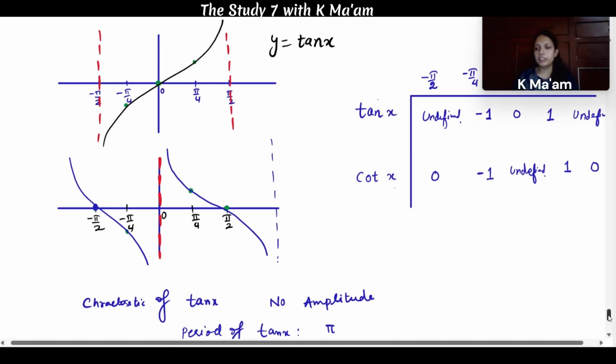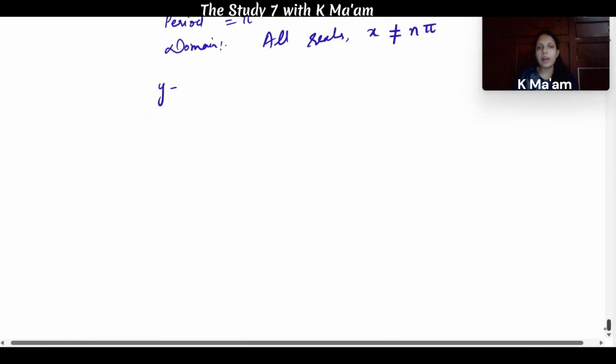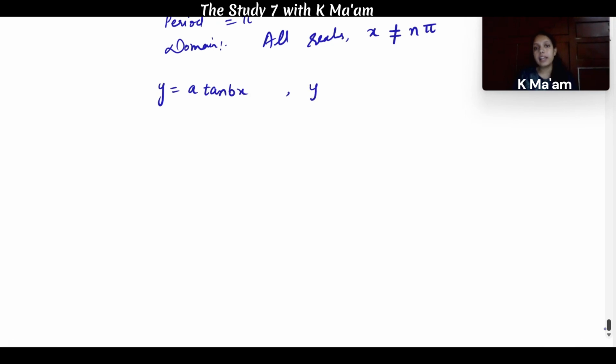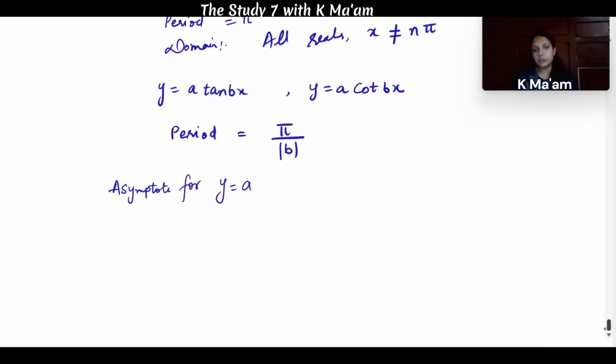If I talk about the general function, y equals a tan bx and y equals a cot bx, in both cases the period will be pi over absolute b. Asymptotes: for y equals a tan bx, what values will give you asymptotes?